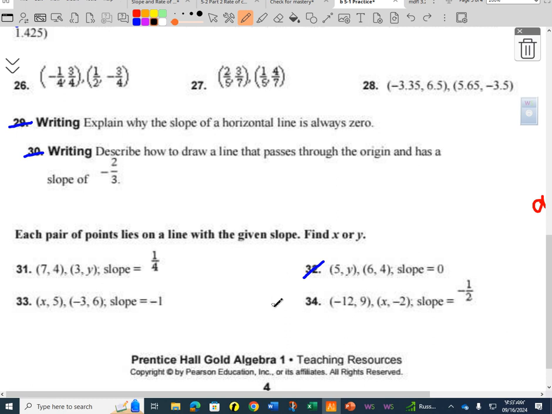And 3, draw a line through the 2 points. Does that make sense? Use the slope and rise over run to plot the second point.